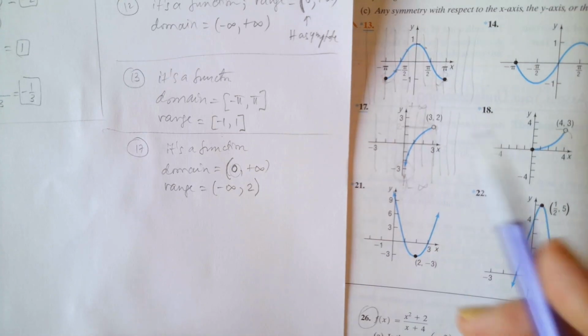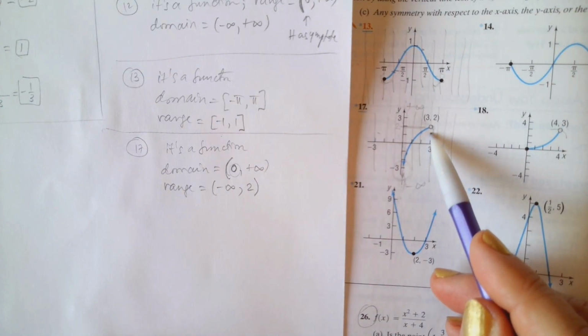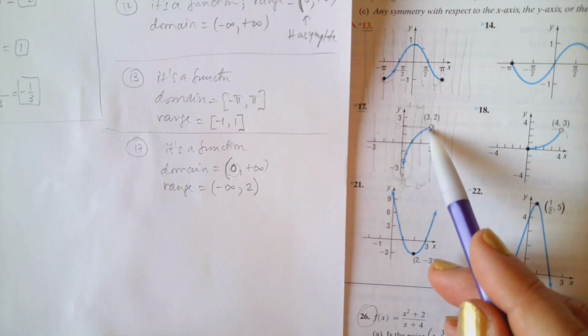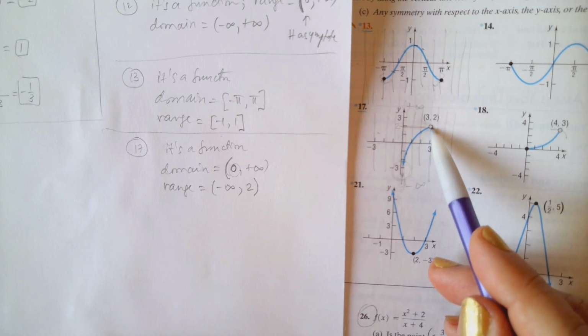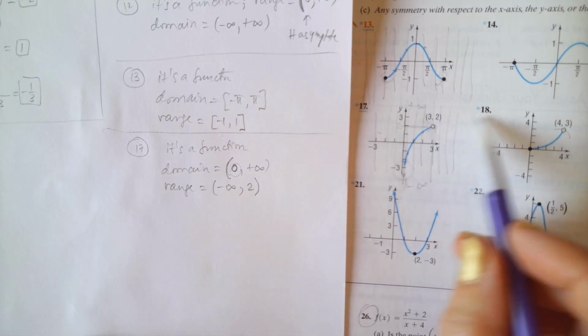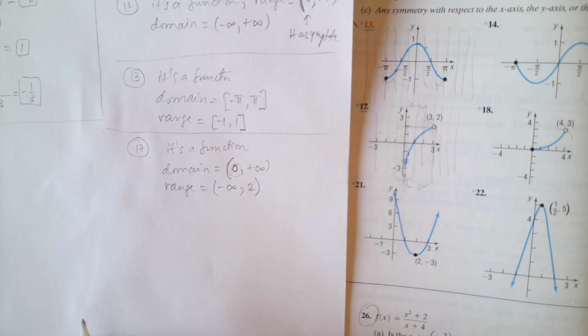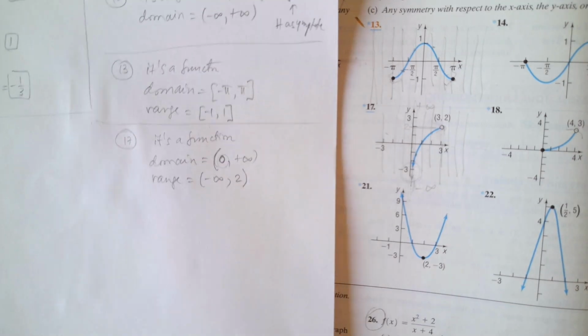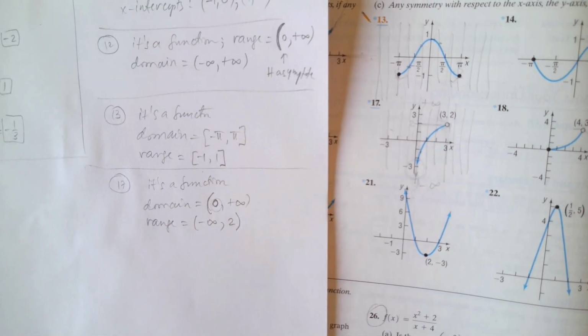So this means the point is not really part of the graph. Any point before that one, yes, but not (3, 2). (3, 2) is basically missing. And then I don't have any graph after that. Alright, so this is how we do stuff in terms of reading the graphs.